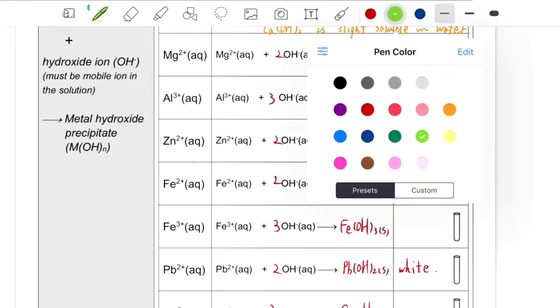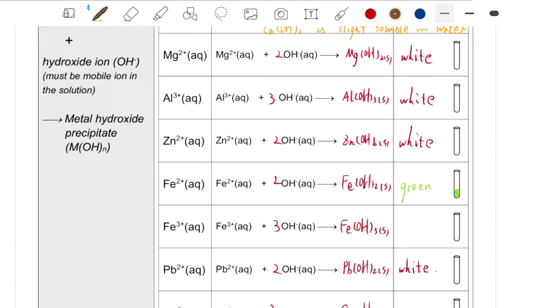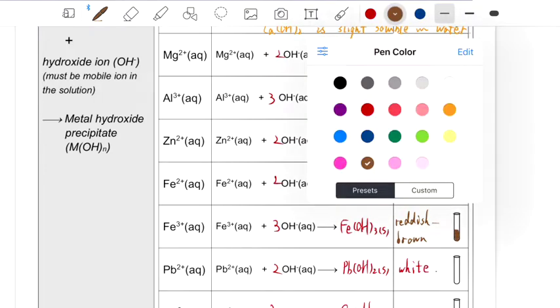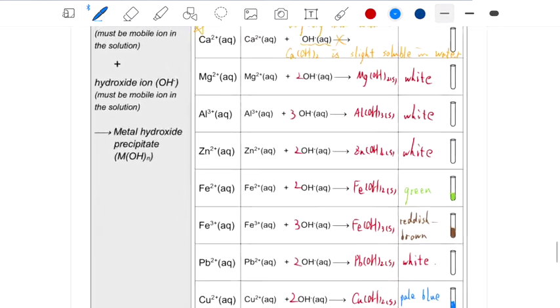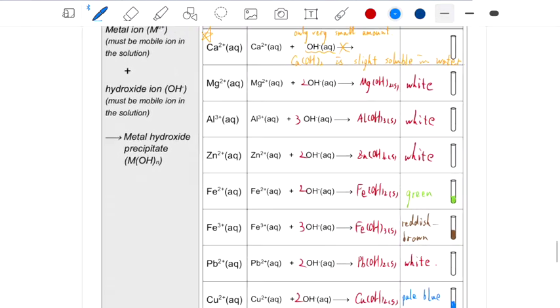We have iron 3 hydroxide, which is reddish brown in color. And we also have copper 2 hydroxide, which has a pale blue color. Okay, so simple and easy. Just remember the special cases.